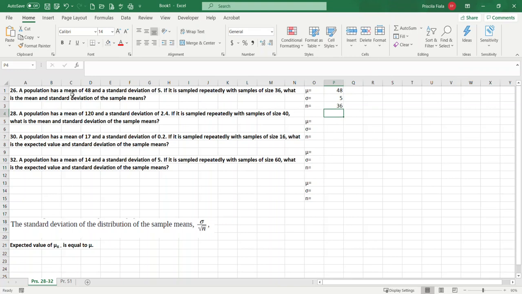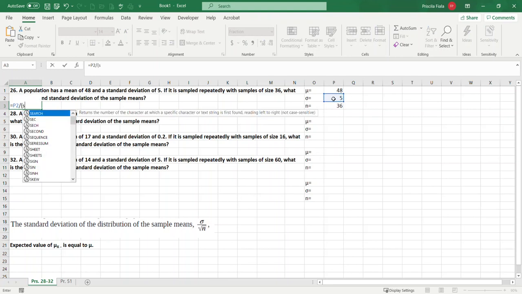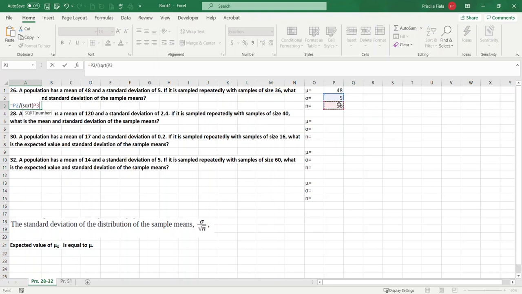What is the mean and the standard deviation? Right here it tells you the standard deviation of the sample mean. So all you need to do is sigma divided by the square root of my sample size, which is 5 divided by 6.